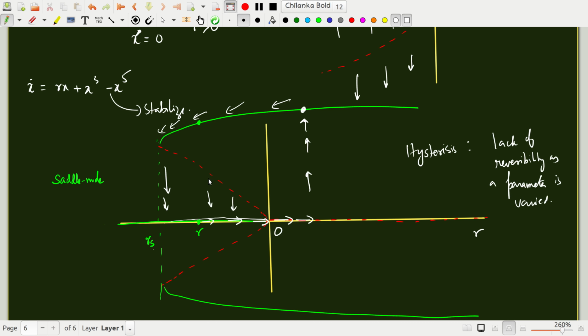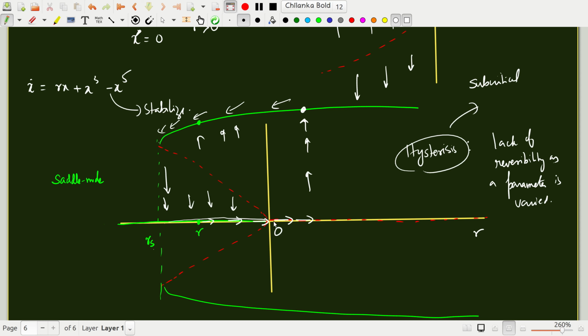If the initial conditions are such that you are below this unstable branch, then you will see only this solution. If you have a sufficiently large initial condition, you will see this. So but once you are here, and if you continue r very slowly, you decrease r slowly, you will continue to stay on this until there is no possibility of maintaining this solution. Therefore you will again go back to the zero solution. Okay, this is called hysteresis, and this is a hallmark of subcritical bifurcations.